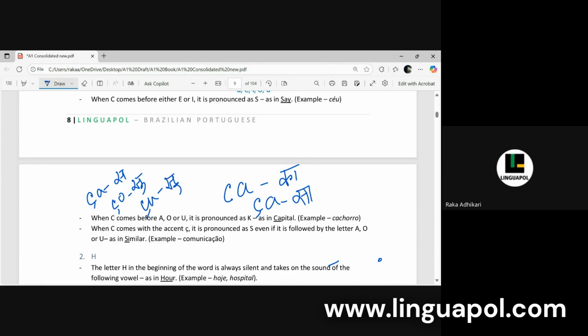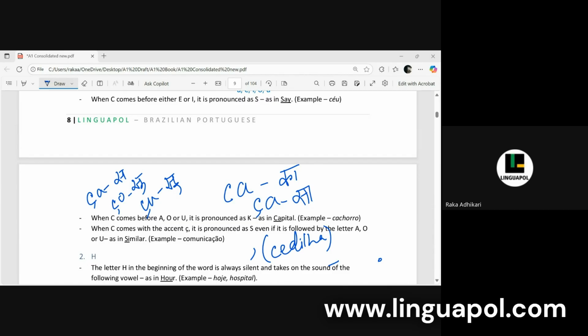This accent, which looks like a comma and comes under the letter C, is called cedilha. Cedilha. This is the name of the accent. So when we have the cedilha under the letter C with any combination, the sound will remain s.